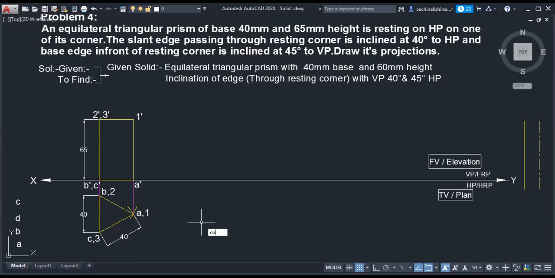But once we give the inclination, it will change. So right now we have drawn it as resting on corner A.